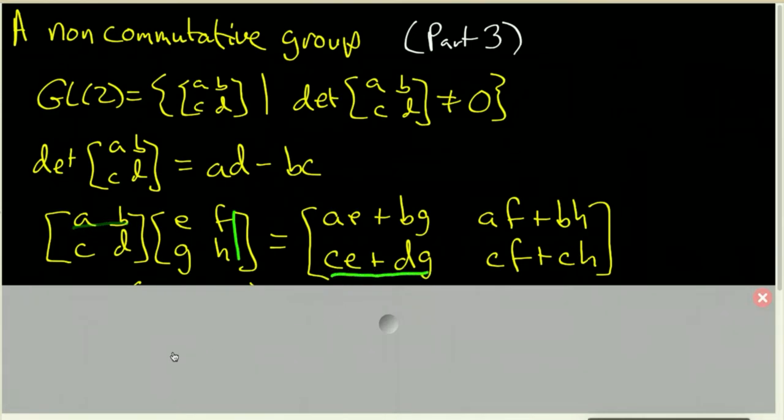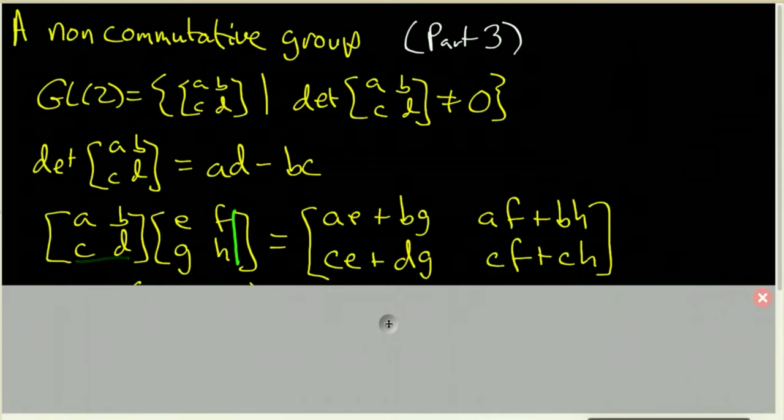The 2, 1 entry of the product matrix is formed by dotting row 2 of the first matrix with column 1 of the second matrix. And the 2, 2 entry of the product matrix is formed by dotting the second row of the first matrix with the second column of the second matrix.